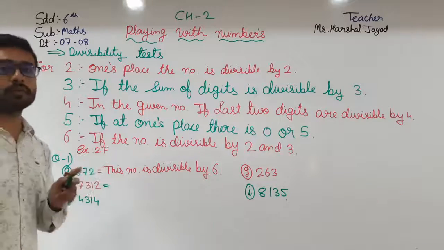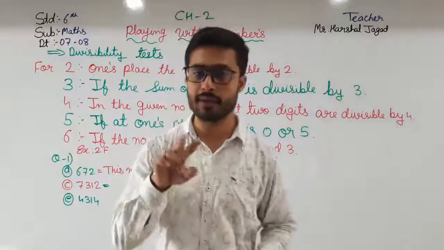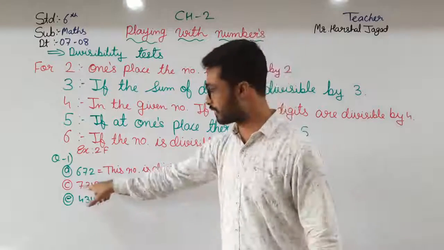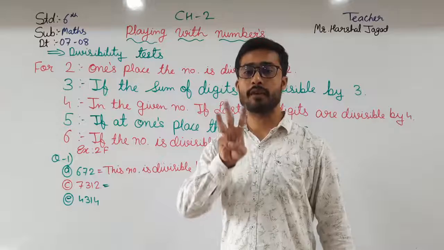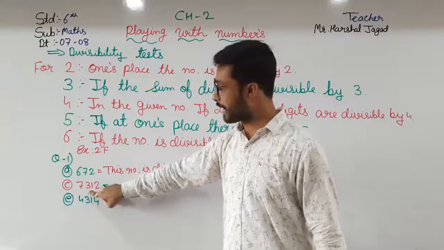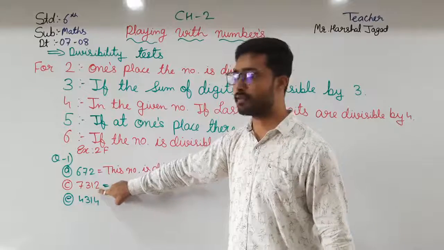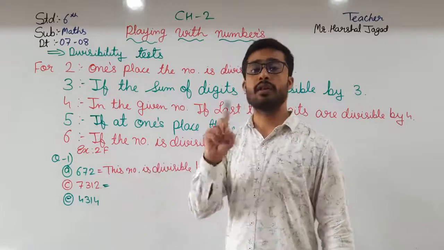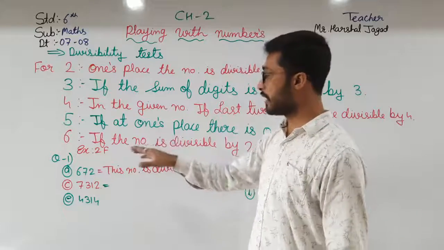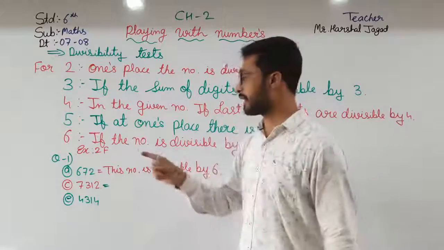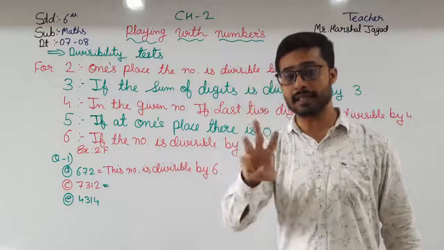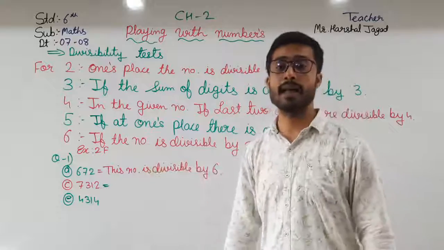Okay, students. Then moving towards next, so here you can see it is 7312. First of all we have to check that this number is divisible by 2 or not. Here it is 2, so we can say that this number is divisible by 2. Now checking for 3. So 7 plus 3, 10. 10 plus 1, 11. 11 plus 2, 13. So 13 is not divisible by 3. But here they have given a condition in 6, that is if that number is divisible by both 2 and 3, then only this number is divisible by 6.